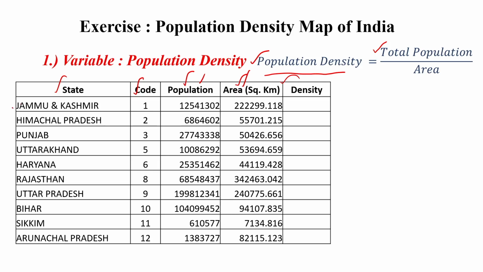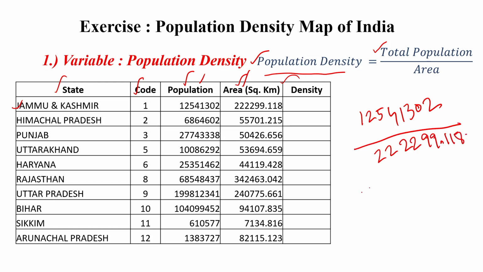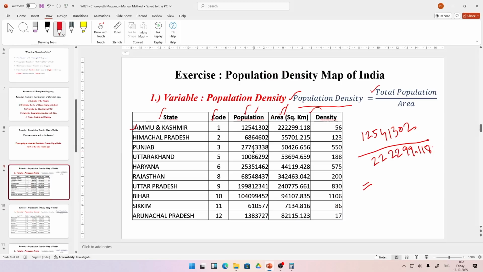So, let us say Jammu and Kashmir for example. 12541302 divided by 222299.118. I will just quickly put this calculation in the calculator.